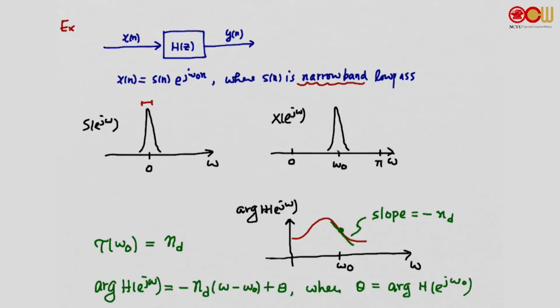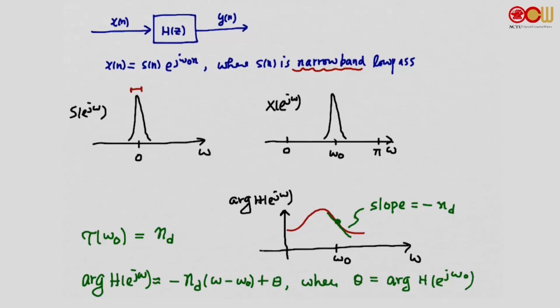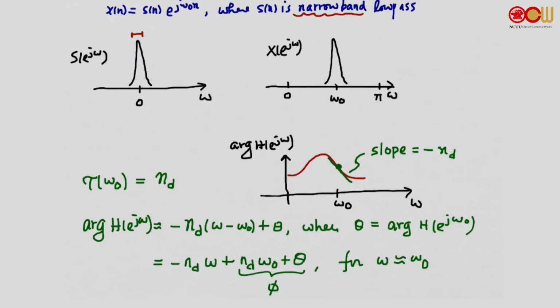At omega 0, the slope is minus nd. Around omega 0, we approximate it as a linear function: minus nd times (omega minus omega 0) plus theta, where theta is the value of the phase function at omega 0. This approximation is valid for omega around omega 0.